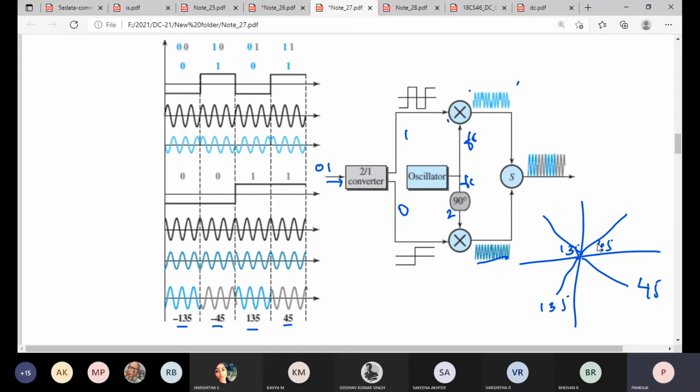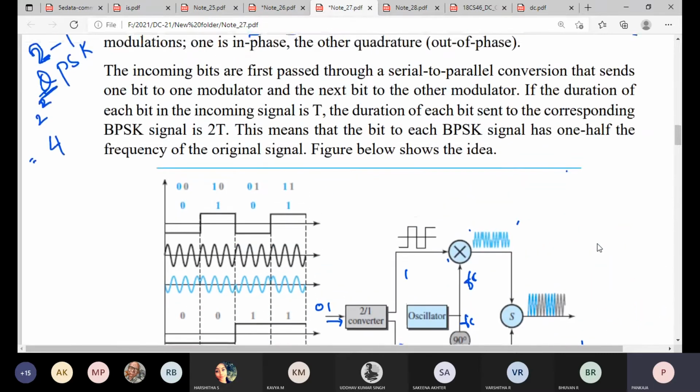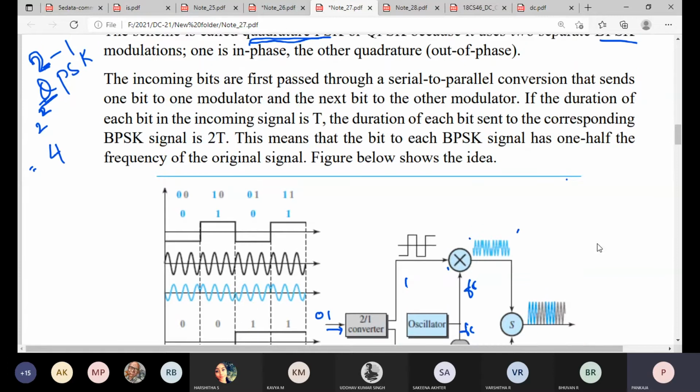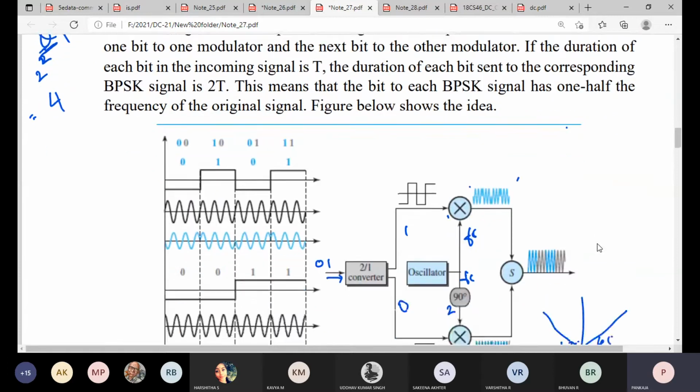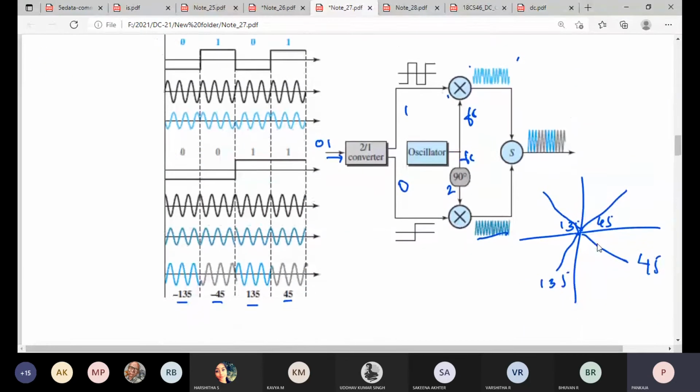There is no change in the amplitude and frequency. Is it clear? This you need to understand a little more thoroughly compared to the other three methods. QPSK is like this because it requires more phase shifts to represent different elements.